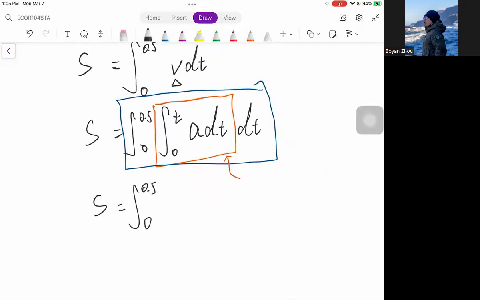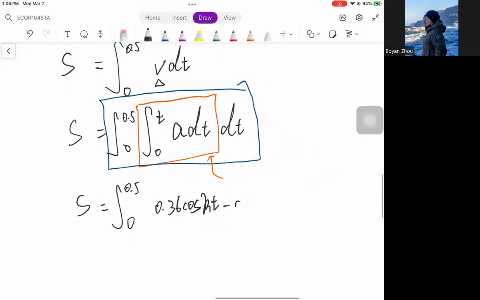This case is going to be 0.36 cosine kt minus 0.48 sine kt dt.